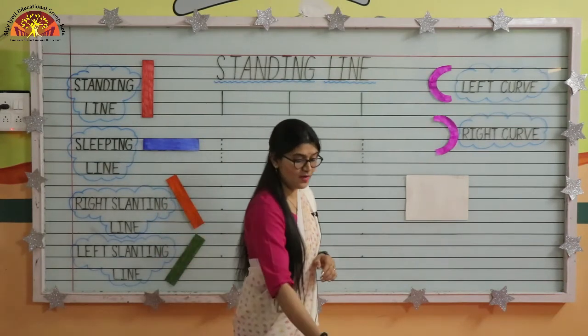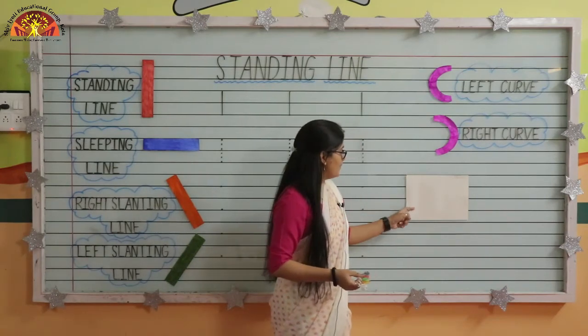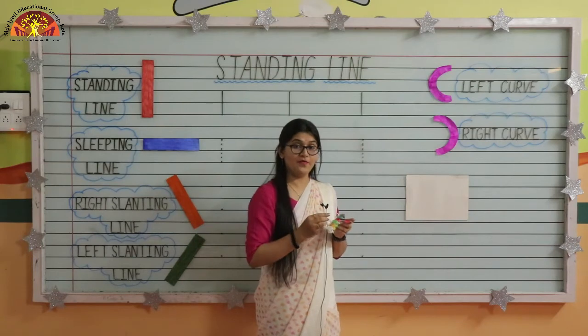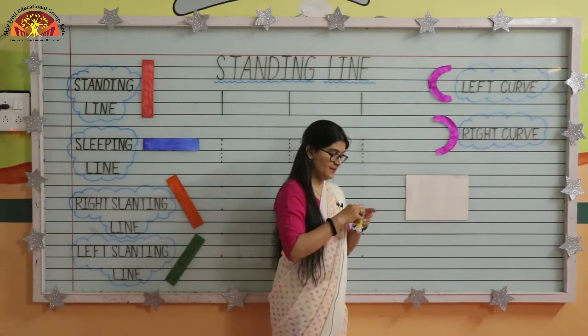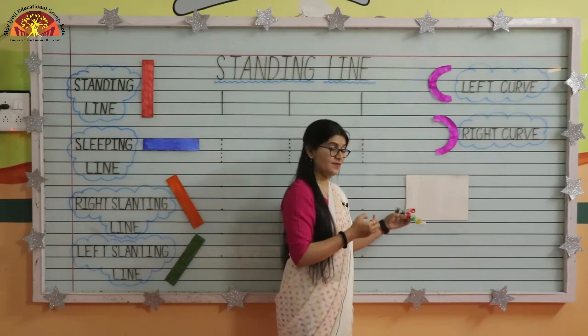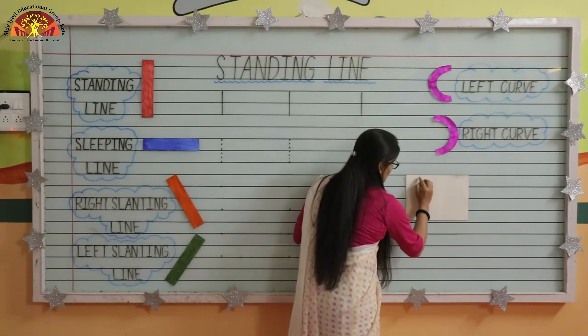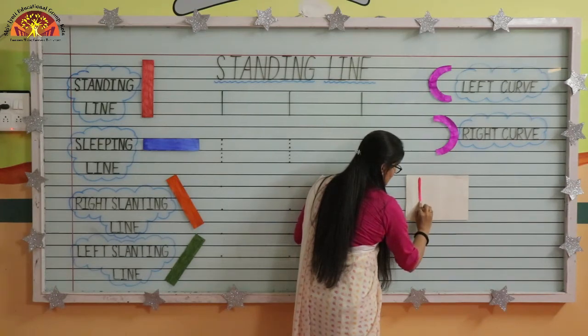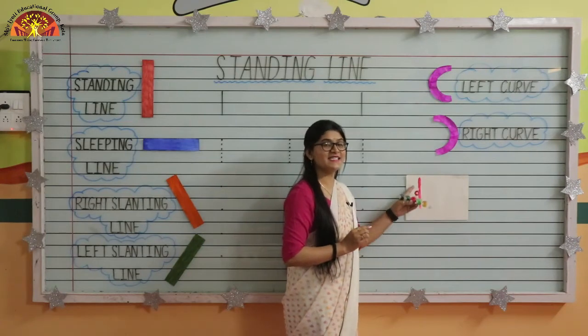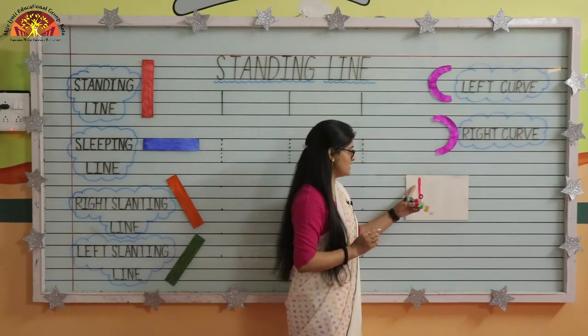Okay, so first of all, take a blank paper and Rangila colors, dip your finger in color and make a straight line, top to bottom like this. Now, what is this?